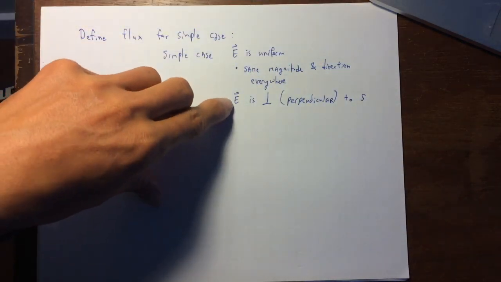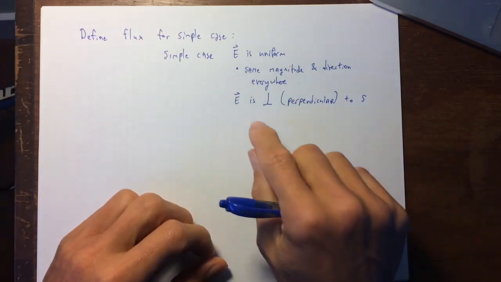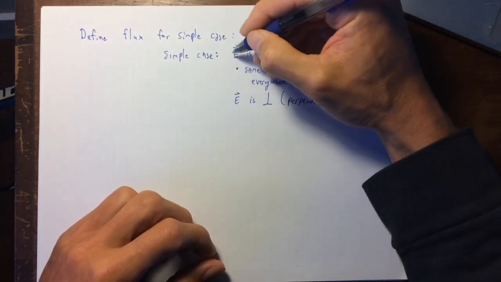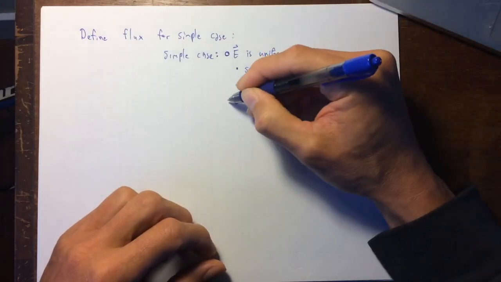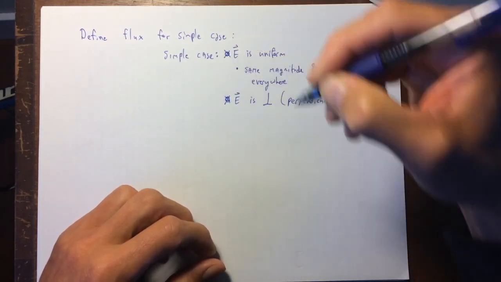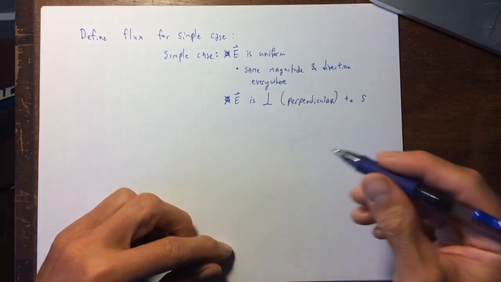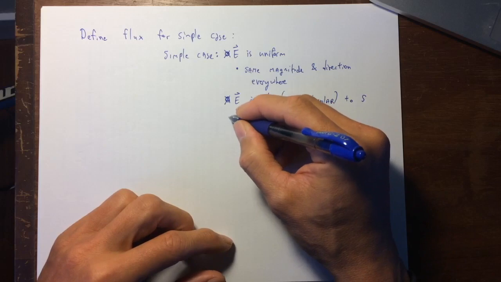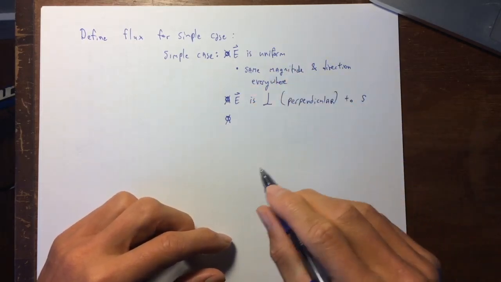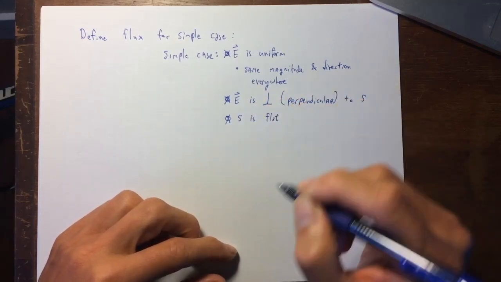So E is perpendicular to S is also an aspect of the simple case. I don't know how to make little bullet points, so I'll just make bullet points with X's. So E is perpendicular to S everywhere, and also, related, S is flat.